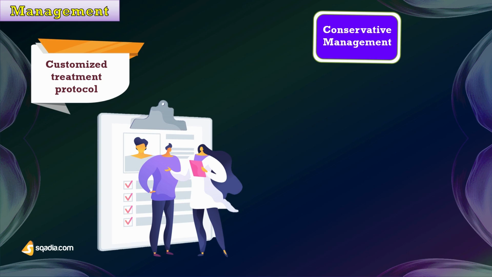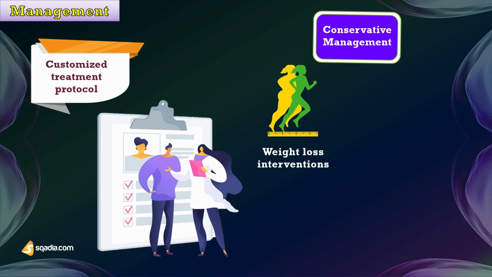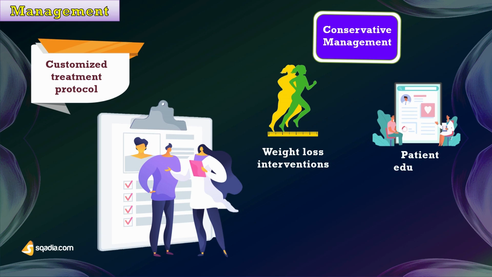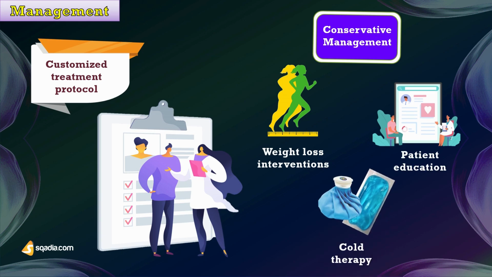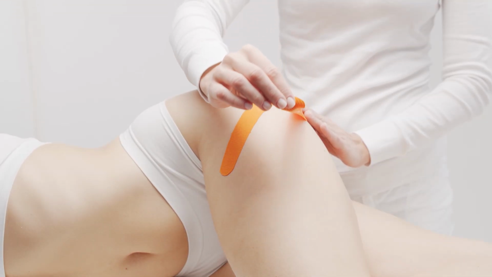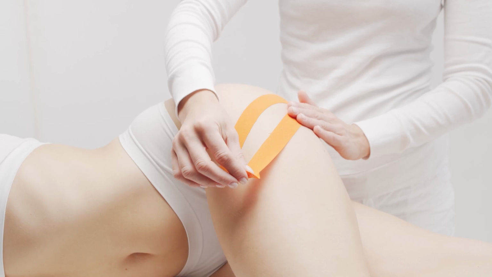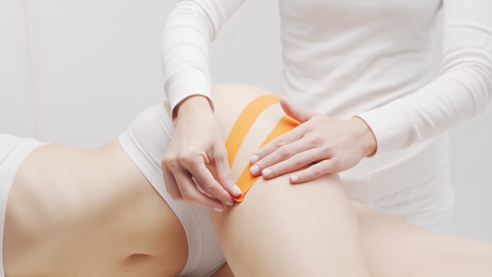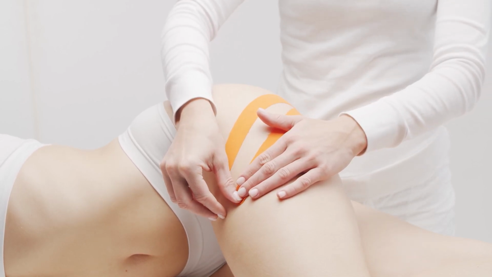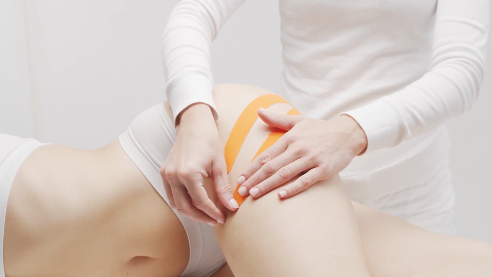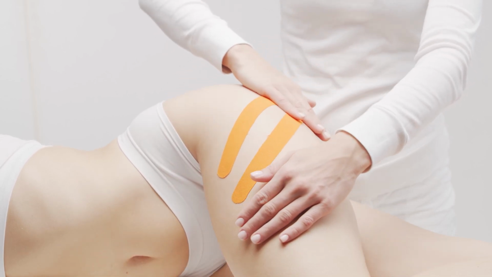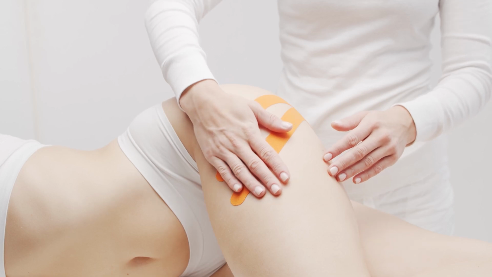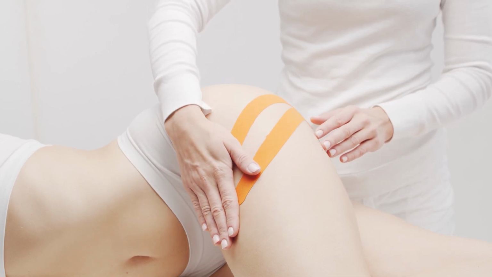This may include weight loss interventions, patient education on wearing loose clothing, and the application of cold packs to alleviate pain. Emerging evidence from small-scale pilot studies suggests that the inclusion of kinesiotaping in the treatment of patients with Meralgia Paresthetica may be a game-changer. This technique has the potential to alleviate symptoms and improve overall well-being.